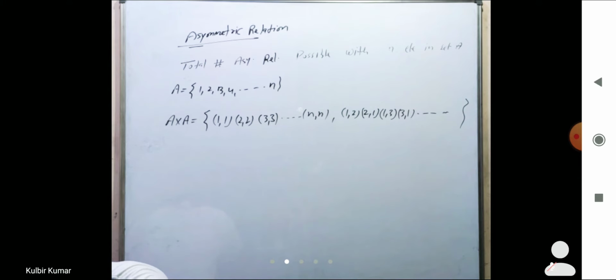Ekta also says 2 power n square minus n by 2. Still it is not the correct answer. Yeah, what about others? It is not a big problem. Already we have solved such type of questions.